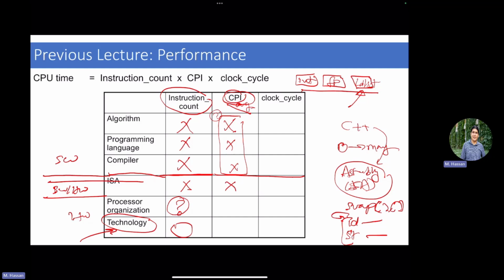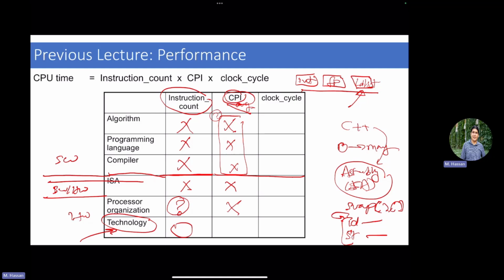What about processor organization? That's simple, right? How you design your processor is going to define really how many cycles you take for your instruction, right? So that's clear. What about technology? When we say cycles, we are mainly talking about the architecture level layer.